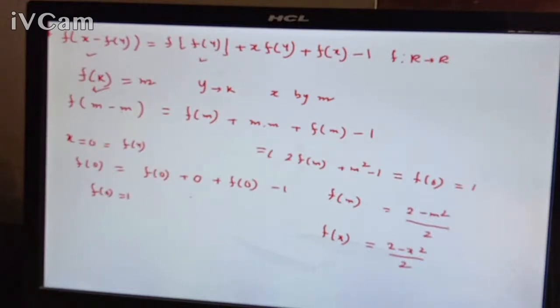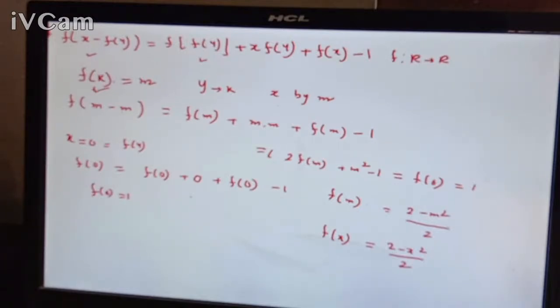So f(0) equals f(0) plus x into 0 plus f(x) minus 1, sorry, plus f(0) minus 1, and from there I get f(0) equals 1. And now we get the function f(x) equal to 2 minus x square by 2. So if you face that type of problem, don't panic. Just remember the first step, that f(k) equal to n, and then replace y by k and x by m.